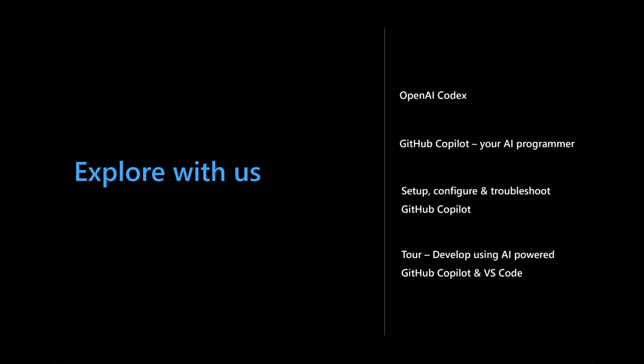GitHub Copilot uses the OpenAI Codex to suggest code and entire functions in real time right from your editor. It can be Visual Studio, Visual Studio Code, or any other tools or SDKs that you can think about.